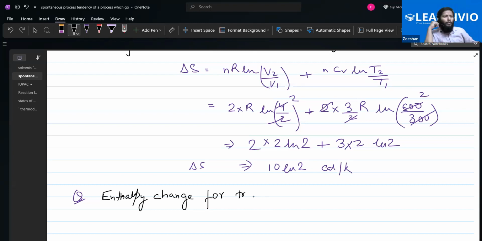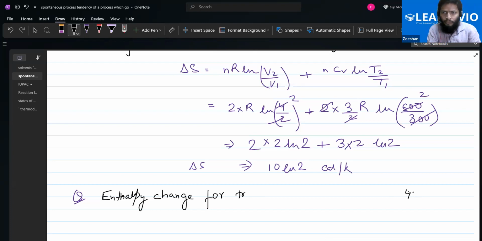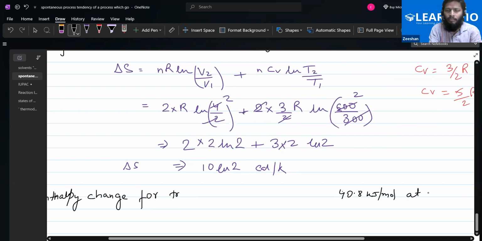Enthalpy change for transition of liquid water to steam is 40.8 kilojoule per mole at 373 Kelvin.